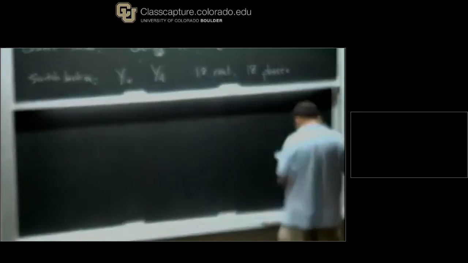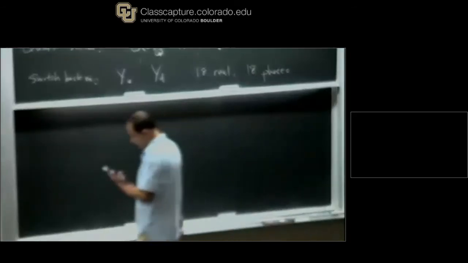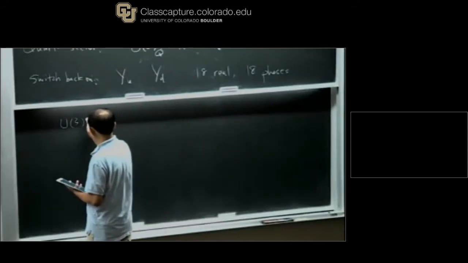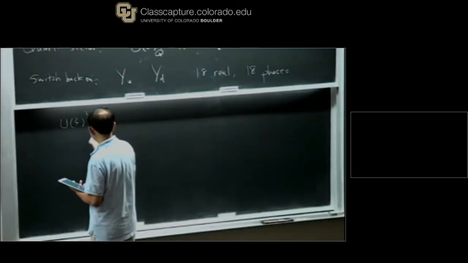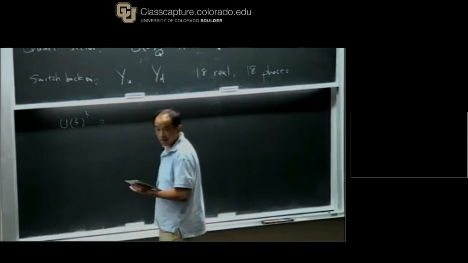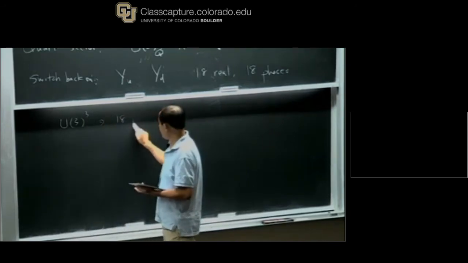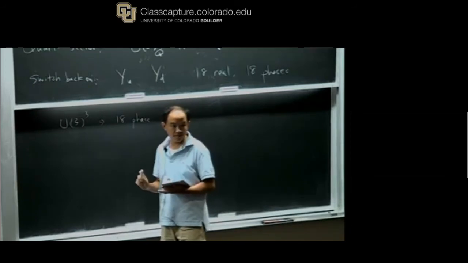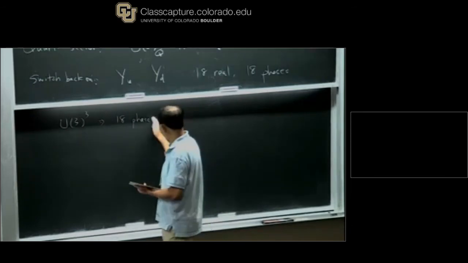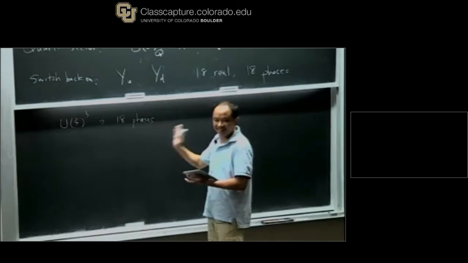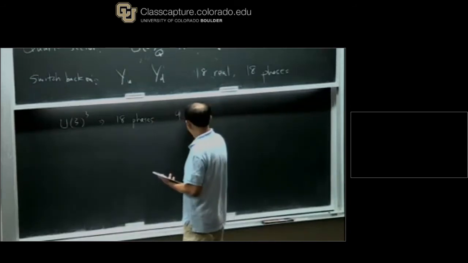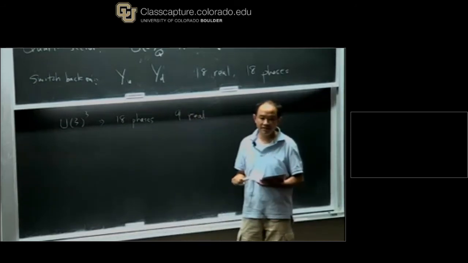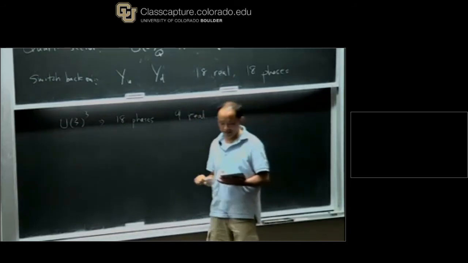U3 cubed has how many parameters? It has 18 phases, corresponding to 18 phases, and nine real parameters. Anyway, you count yourself.